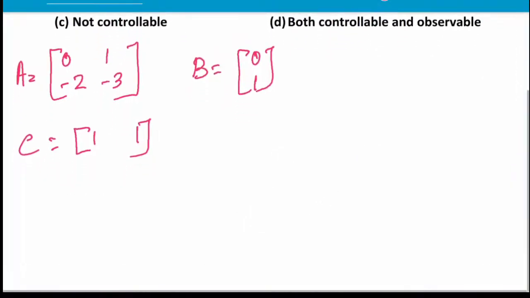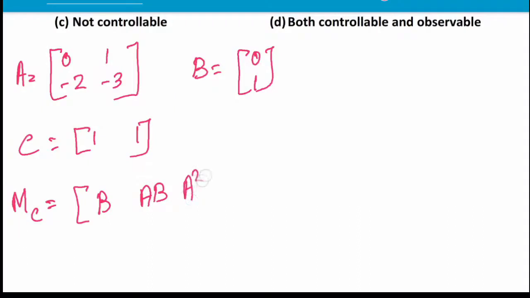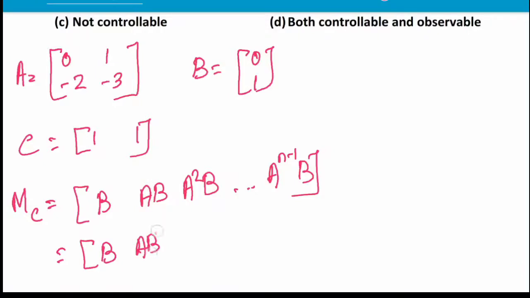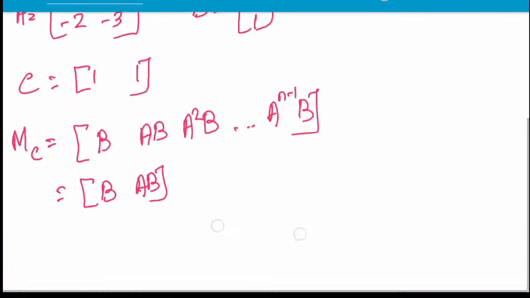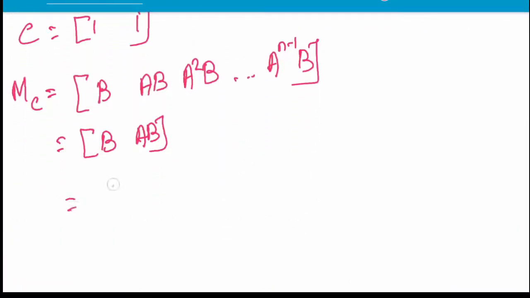So we have to find out first the composite matrix for controllability, MC, which is equal to [B AB A squared B ... A to the power n minus 1 B]. This is the general format, and for a 2 cross 2 matrix this will be [B AB].